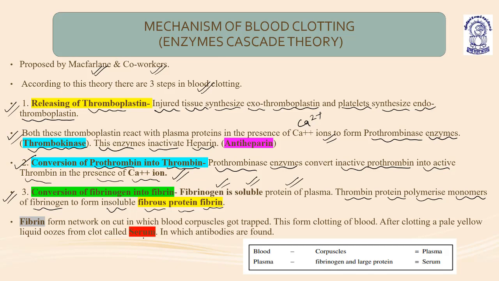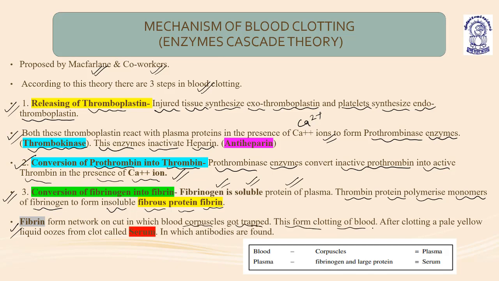Understood? So basically what is happening? Thrombokinase is the initiator. It will convert prothrombin into thrombin. Once thrombin is formed, it will convert fibrinogen into fibrin. Fibrin forms a network on the cut or the site of injury in which blood corpuscles get trapped. Okay.